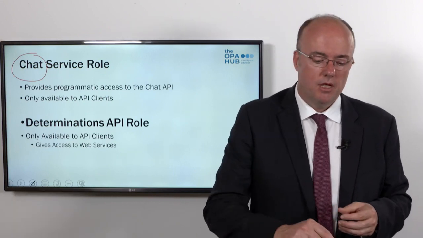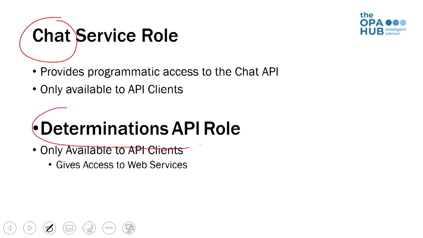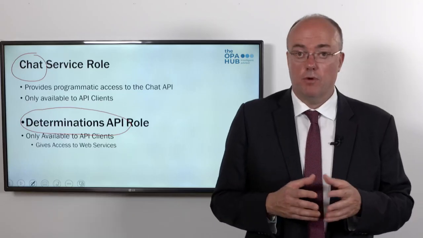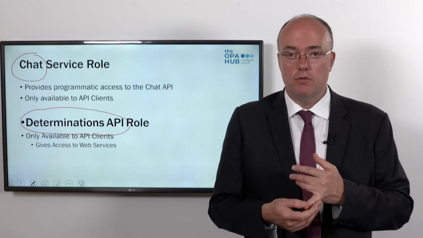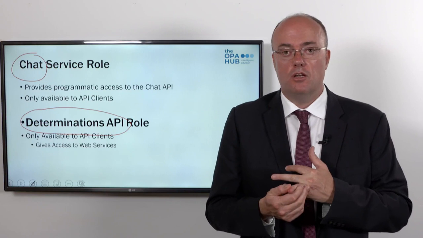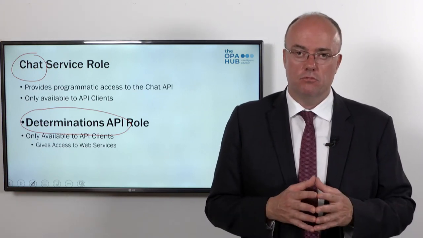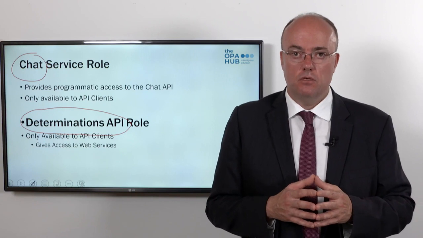The second one is a little less clear perhaps, but it gives access to the web services. What are the web services? By that I mean web services that are administrative, and web services that are used to execute policy models without a graphical user interface.